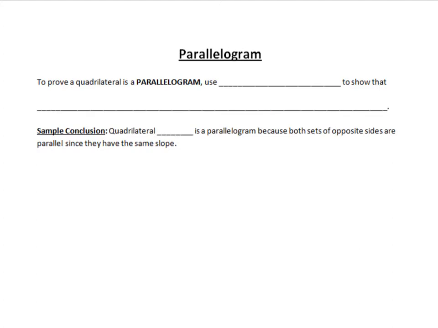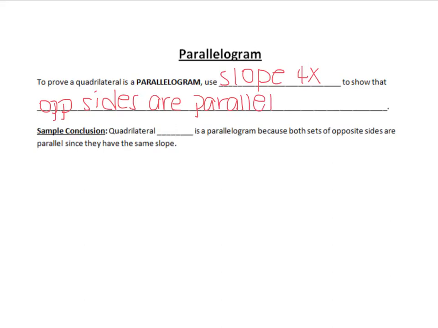Okay, the first type of proof you might see is to prove that it's a parallelogram. So for that, you're going to use slope 4 times. And what you want to show in order for it to be a parallelogram is that opposite sides are parallel. Okay, if you picture a parallelogram, that should make sense to us. So a sample conclusion.